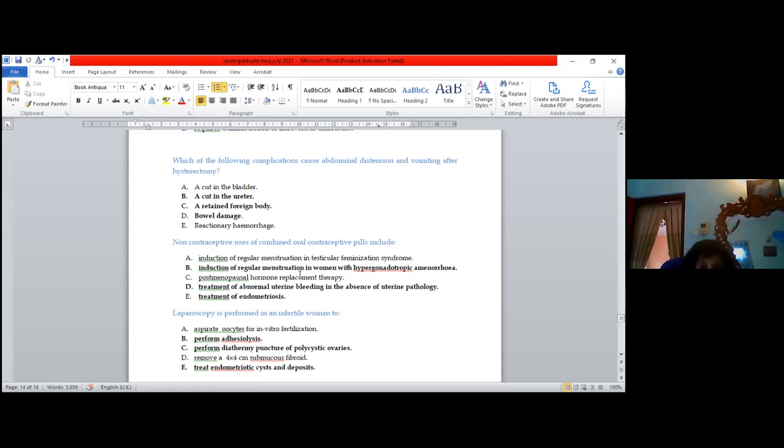I told you progesterone cannot cause withdrawal bleeding, but combined oral contraceptives can cause withdrawal bleeding. So for induction of regular menstruation in women with hypergonadotrophic amenorrhea, we can use combined oral contraceptives, but it's not the ideal method of treatment because the estrogen content is inadequate.